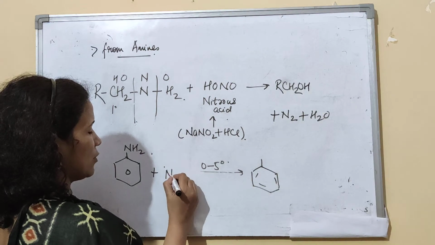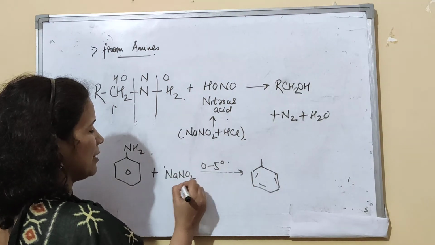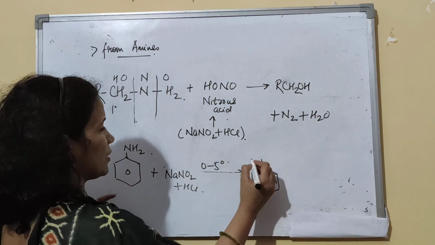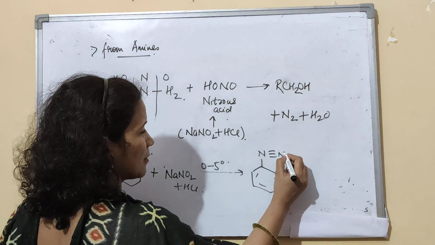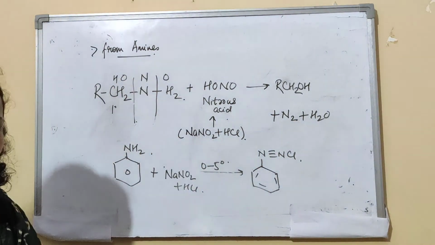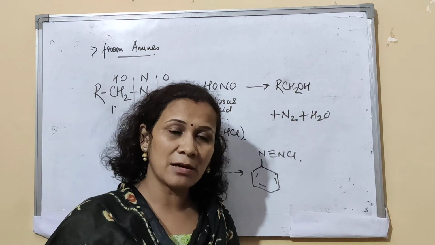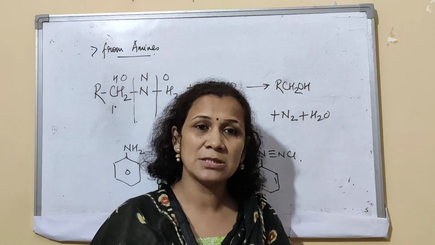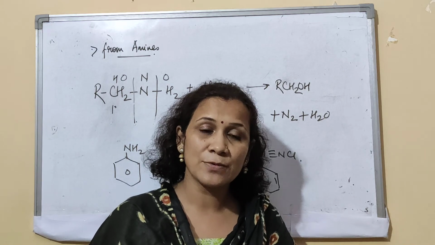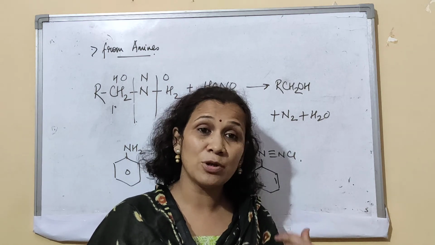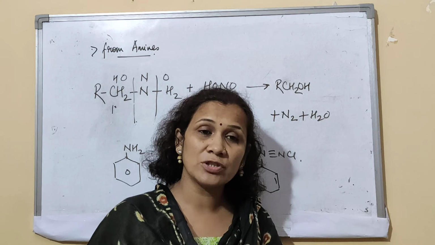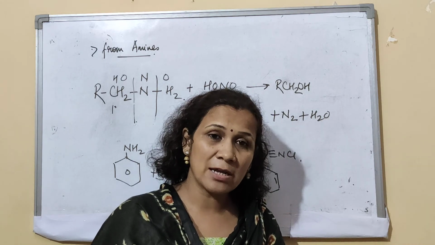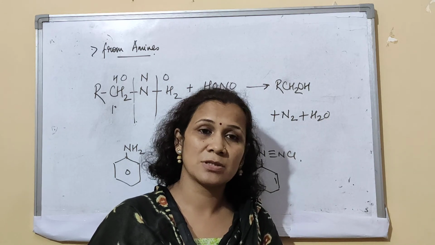We write NaNO2 plus HCl. So we get, and that is the difference. In case of aliphatic amines, we are getting an alcohol. In case of aromatic amines, instead we get diazonium salt. So this can be used as a test to differentiate aliphatic amines from aromatic amines, right?